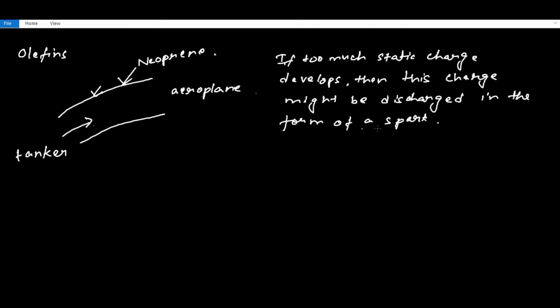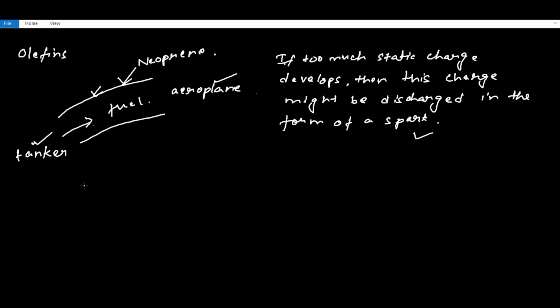Now, if a spark occurs inside a tubing like this, which is connected to the aeroplane and the tanker, and it's connected to the rubber tubing through which the fuel is passing, then it can lead to something pretty disastrous. The entire tubing is going to explode, and along with that the tanker and the aeroplane, both of them are going to get damaged.